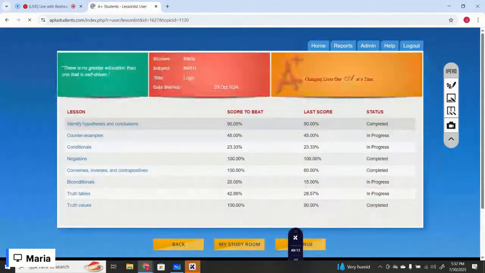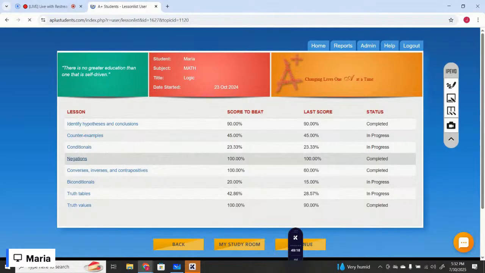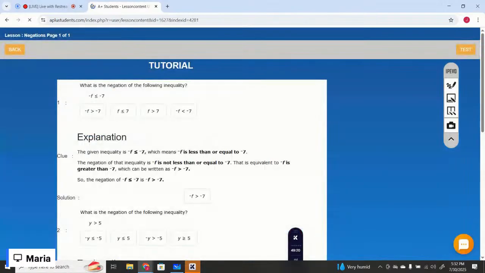The next lesson is negation, sorry. What is the negation of the following inequality? Negative f is less than or equal to negative 7.